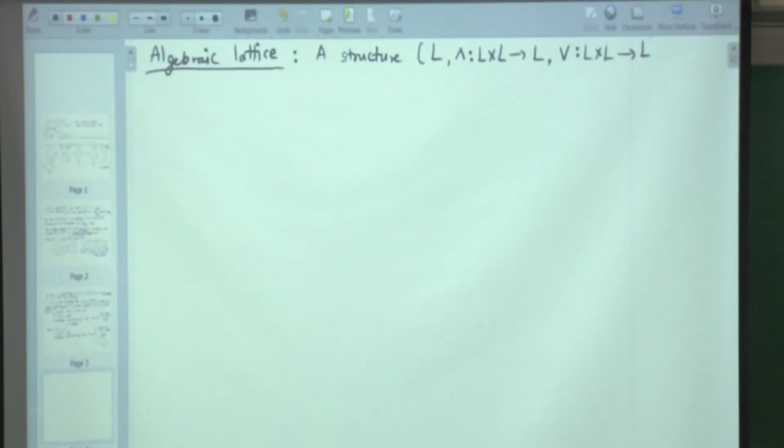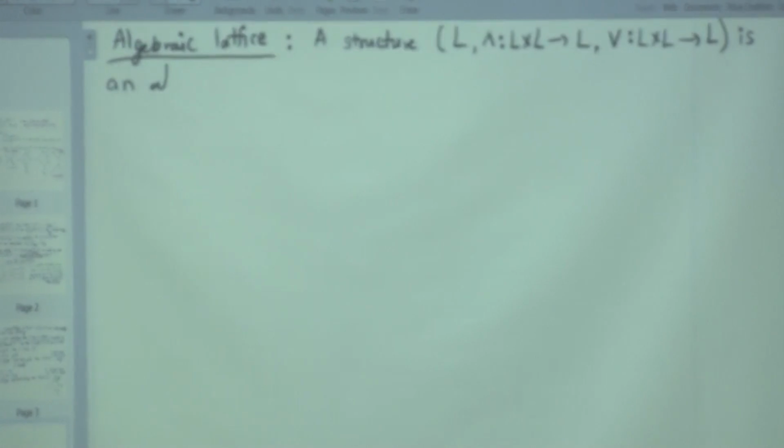It is an algebraic structure of this form. It is a set together with two binary operations defined on it.